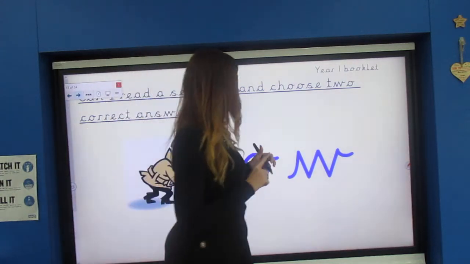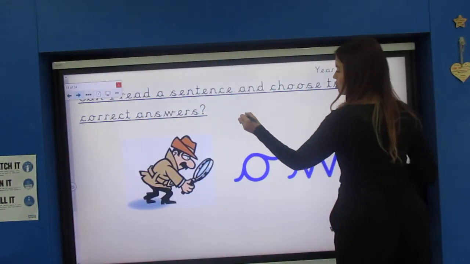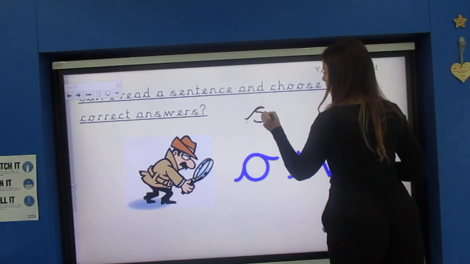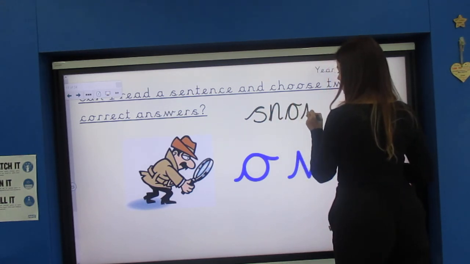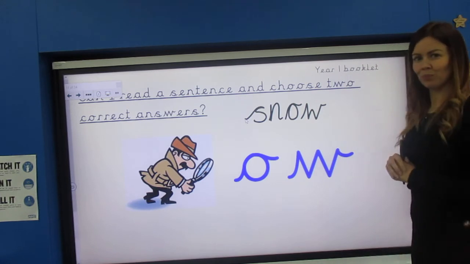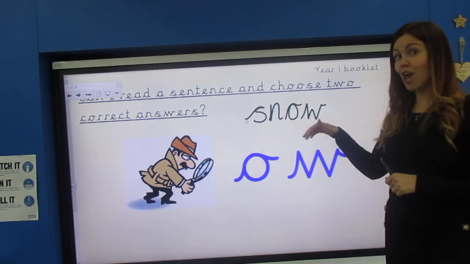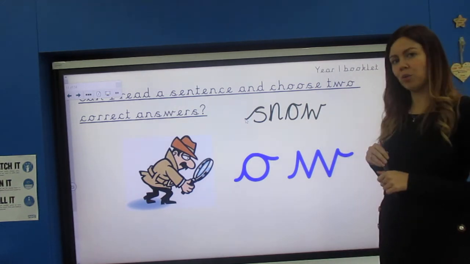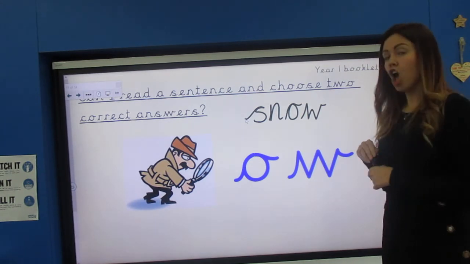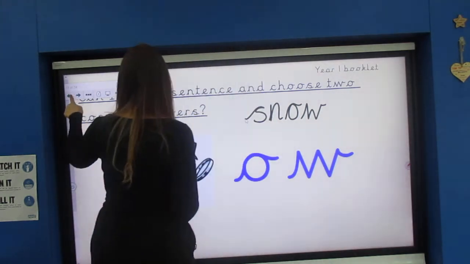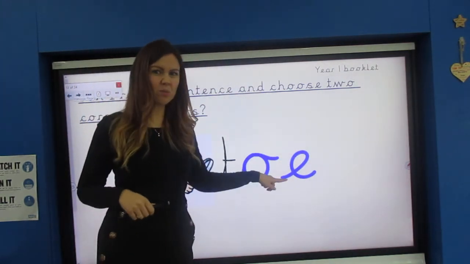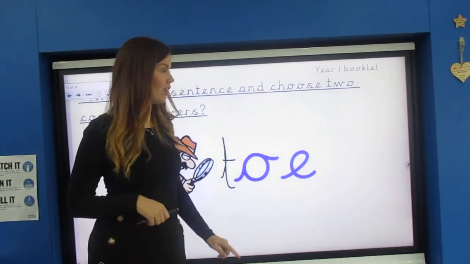I'll write a word to see if you can help me where it doesn't make the ow sound. Okay, what does that say? If you know, brilliant. If you're not sure, I'll help you. It can make an O sound. So it's the same sound as this one. Very tricky, isn't it, our phonics?